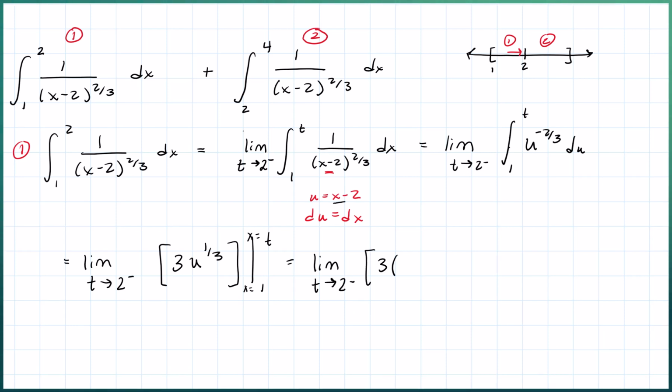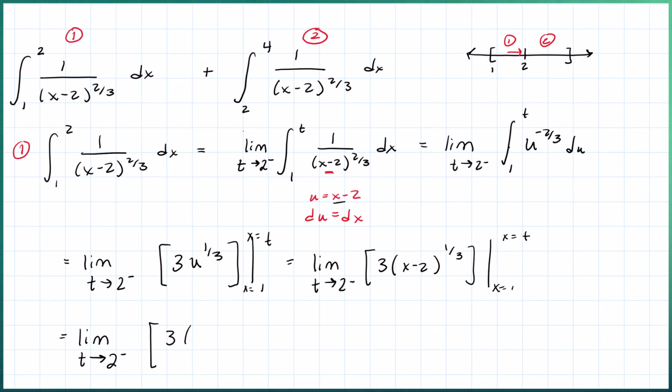We've got 3 times x minus 2 to the 1/3 minus 3 times, and we're going to go ahead and plug in, oh wait, we still haven't plugged in our bounds. Oops, I was jumping ahead of myself there. We're going to plug in the x minus 2, and then evaluate this from x equals 1 to x equals t. Now we're going to plug in our t's so that we can take the limit as t is approaching 2 from the left.